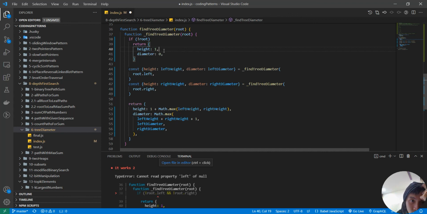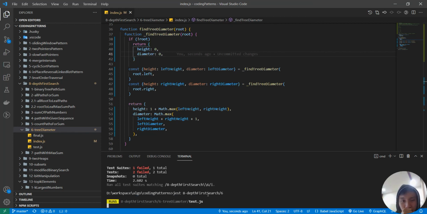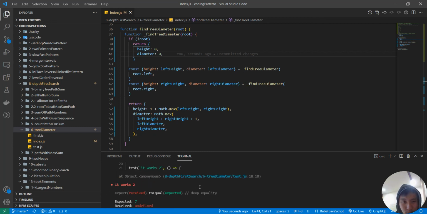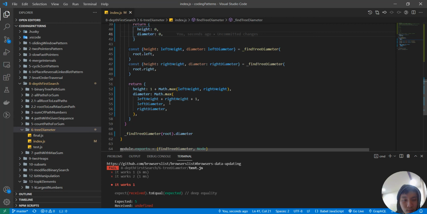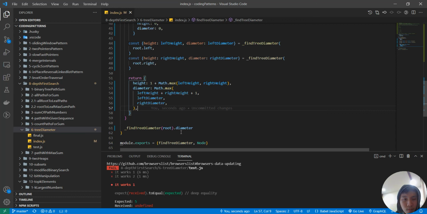The height will return is 0, diameter is 0. What's wrong here? This will return an object.